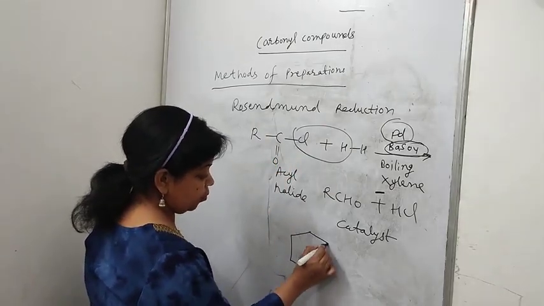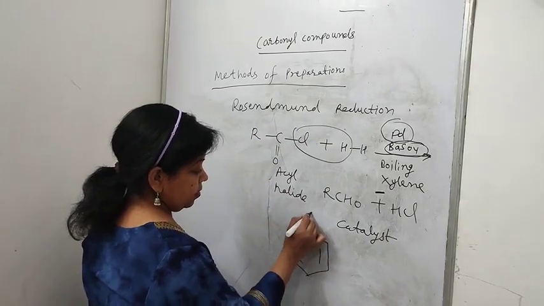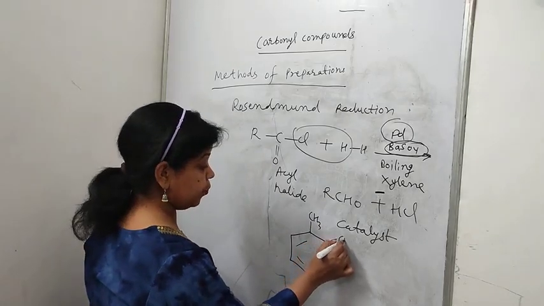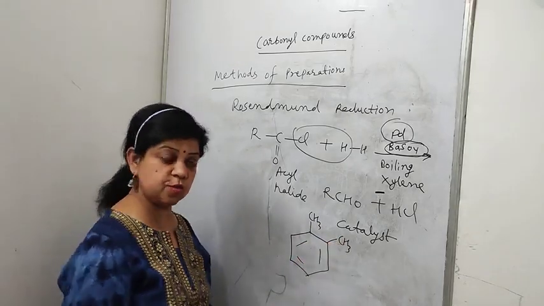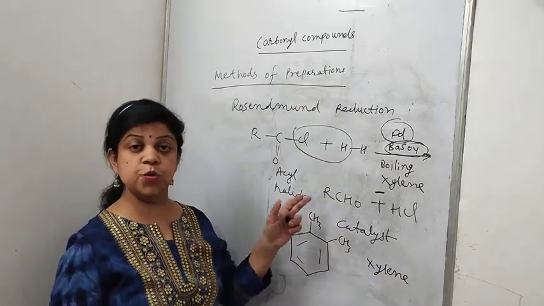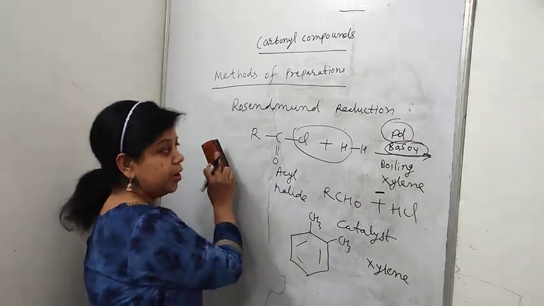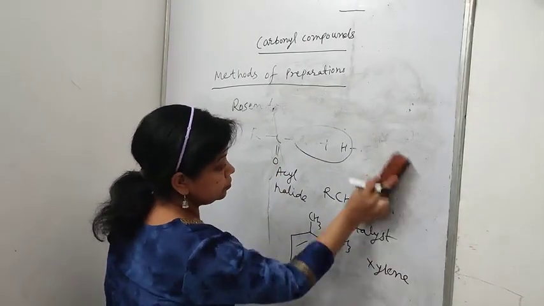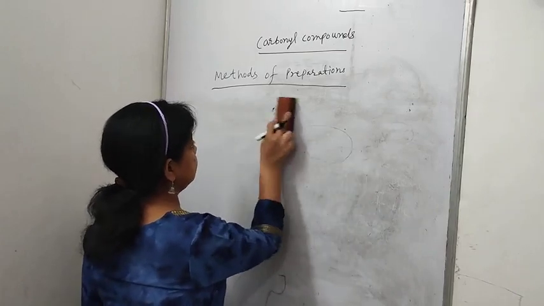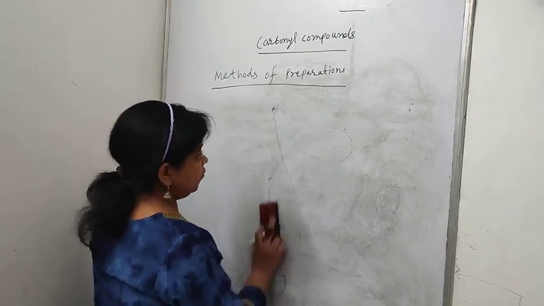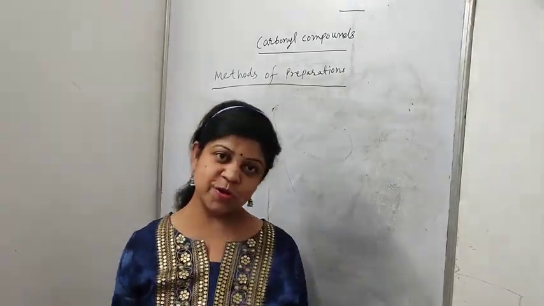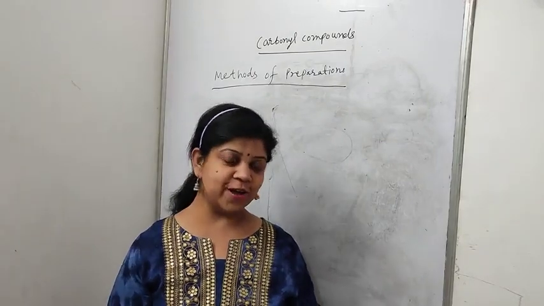You know what boiling xylene is? This is toluene. When another methyl group is present at the ortho position, this is called xylene. So all these methods are used for preparing aldehydes only. In the next lecture, we will study the methods which are used to prepare ketones only. All for today. Thank you, students.